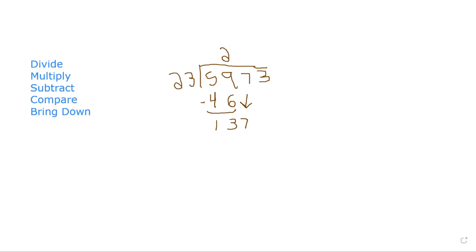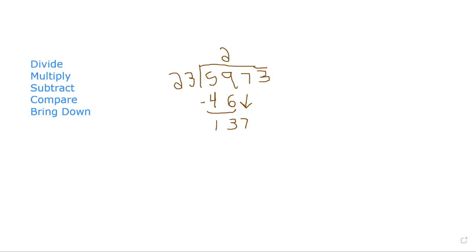So now I have 137, because this was in the hundreds place, this was 1300, and this was 7 tens. So now we have 137 tens. So now we're in the tens place. And I start back up here at the divide.